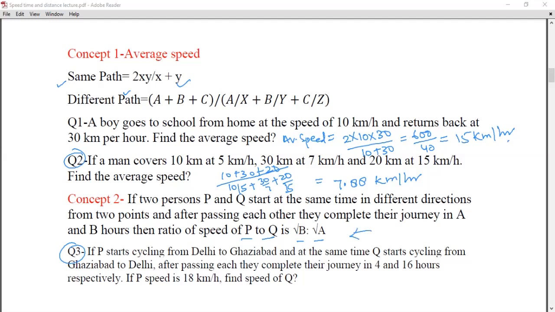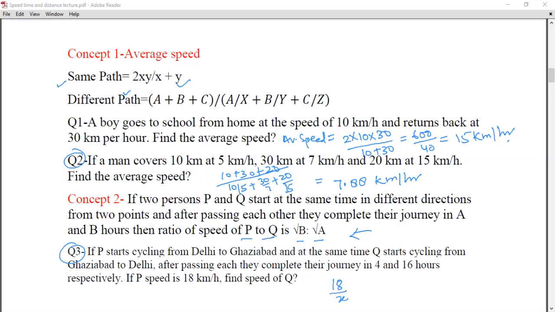That's it. So question number 3 is, if P starts cycling from Delhi to Ghaziabad and at the same time Q starts cycling from Ghaziabad to Delhi, after passing each other, they complete their journey in 4 and 16 hours respectively. If P's speed is 18 kilometer per hour, we have to find the speed of Q. Using this formula for the ratio of P to Q, we get 18 over x.